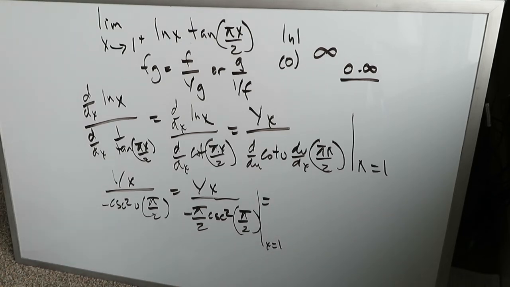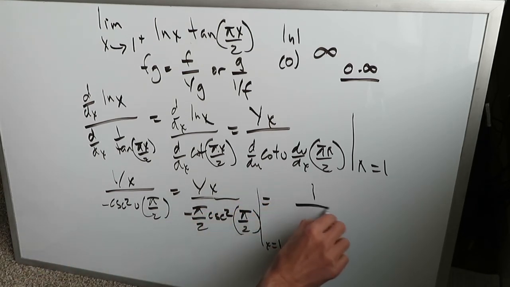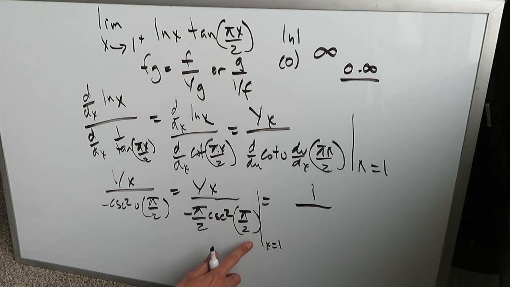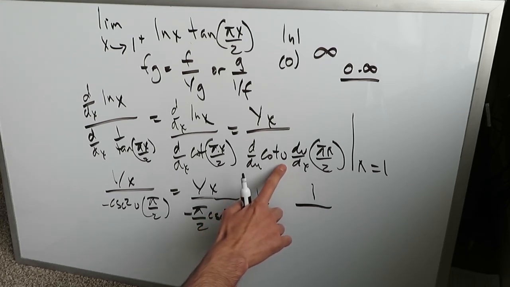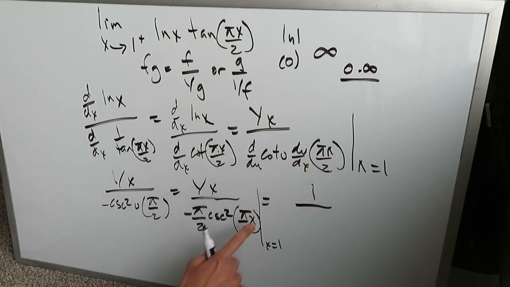Now we have to play this out, and it's not going to be hard. When we put 1 here in the numerator, we get 1 over 1. That's easy. We're retained with that 1. When we put 1 over here in the denominator, and it should have been a pi x over 2, because our original substitution was let u equal pi x over 2, we get a pi over 2.